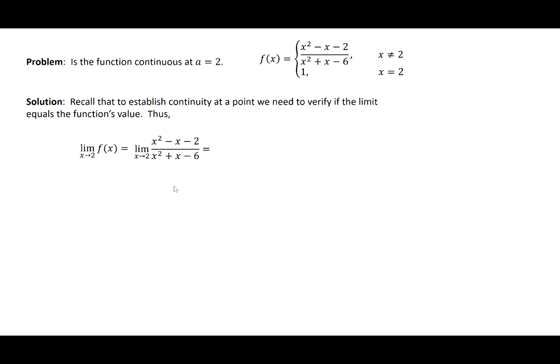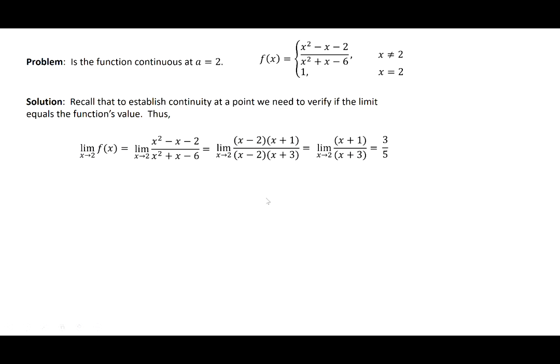Let's see, what manipulation do we do? Let's try to factor things out and simplify. I can write the top as x minus 2 times x plus 1 and the bottom as x minus 2 times x plus 3. And cancel the x minus 2's, and so we get the limit of x plus 1 over x plus 3. Now let's plug in x equals 2. 2 plus 1 is 3 over 2 plus 3 is 5, so 3 over 5.